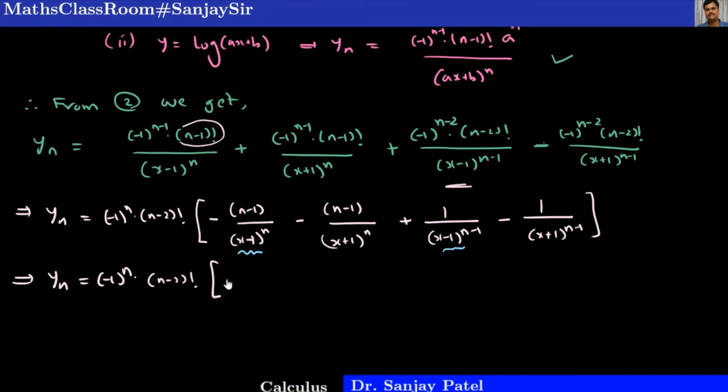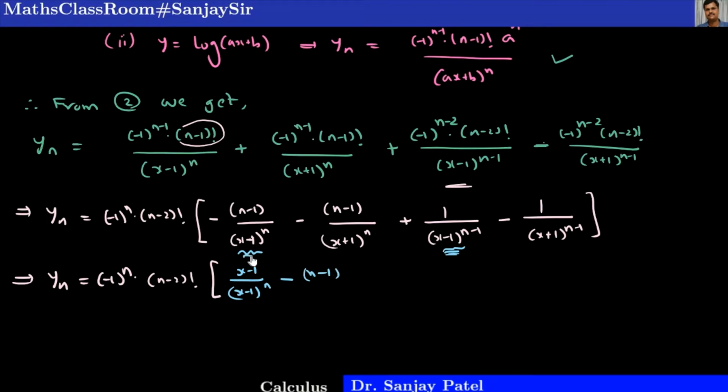This I can rewrite as x minus 1 raised to n, and then the other x minus 1 raised to minus 1 I can write in the numerator. So I am writing this term first as x minus 1 upon x minus 1 raised to n. Is it clear? Because this x minus 1 raised to minus 1 you can take up in the numerator, and here the minus I am writing as it is.